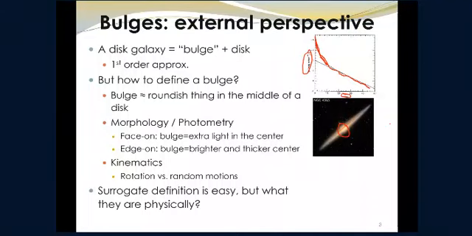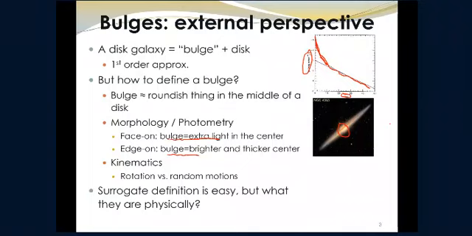That's not very helpful actually. If you want to quantify things, you can categorize its morphology through photometry. For face-on galaxies, we define the bulge as the extra light in the center. For edge-on galaxies, we identify the bulge as the brighter and thicker center, as shown in the right figure.